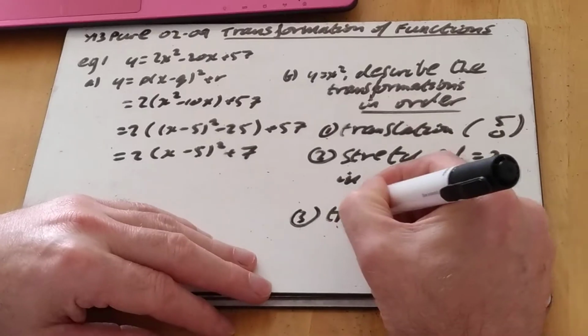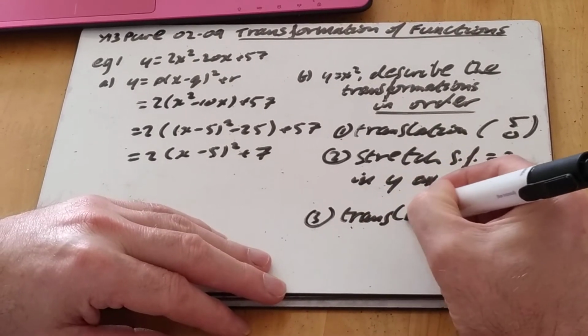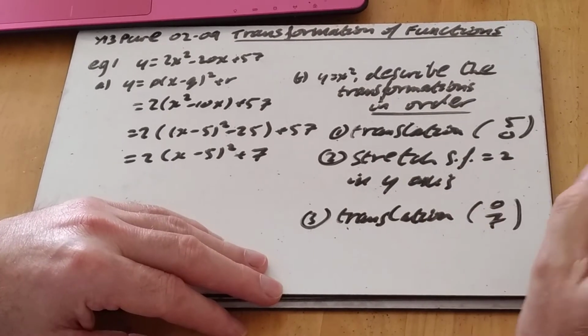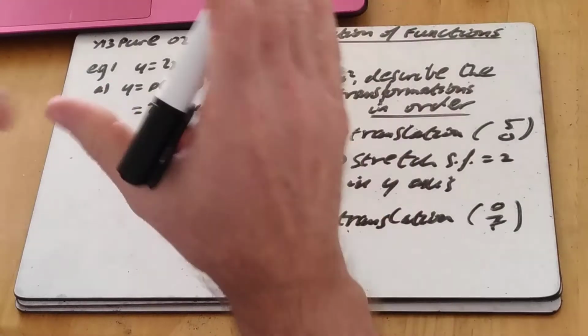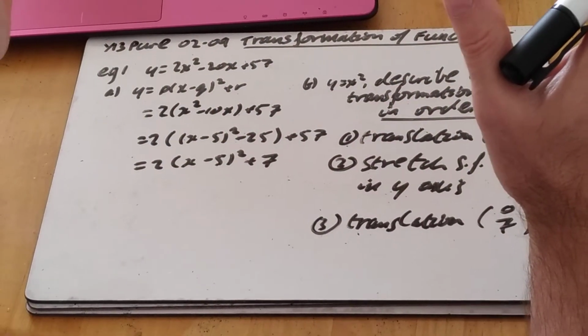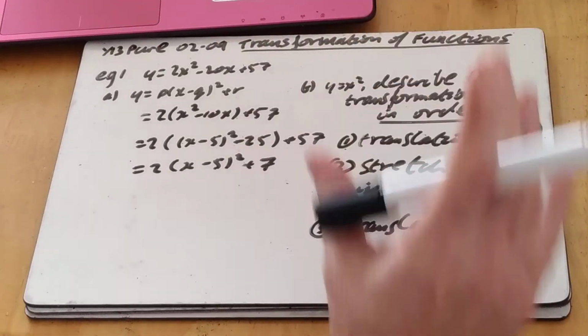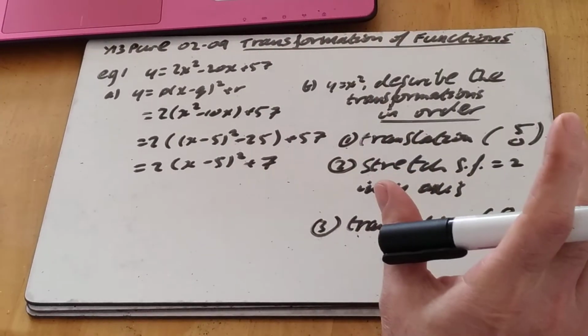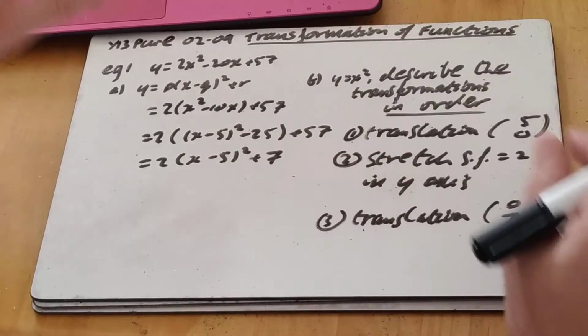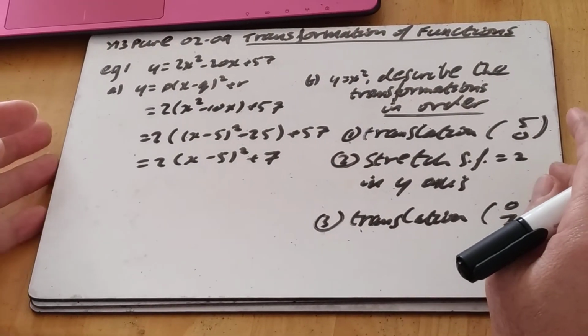So it's a translation 0, plus 7. So I do a translation first, so I take x squared, move it 5 along, and then parallel to the y-axis, stretch it all upwards and downwards as appropriate, in this case only upwards really, and then shove it up by plus 7, and there's my curve there.